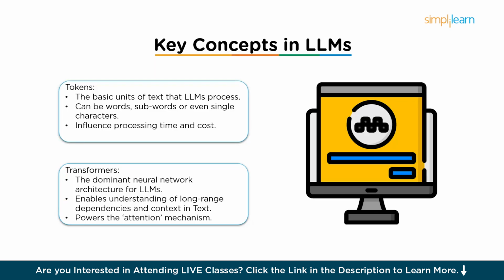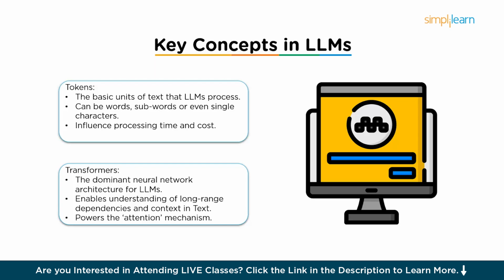The transformer architecture is the dominant neural network architecture for LLMs today. Almost every state of the art large language model you hear about, whether it's GPT, BERT, or others, is built upon this architecture. What makes transformers revolutionary is their ability to enable the understanding of long range dependencies and context in text.